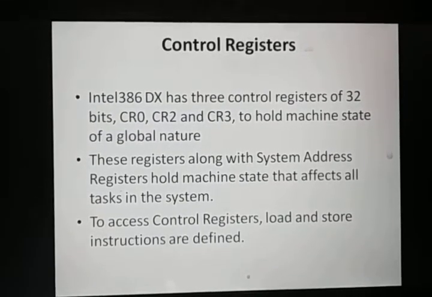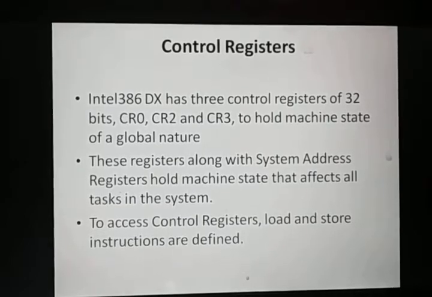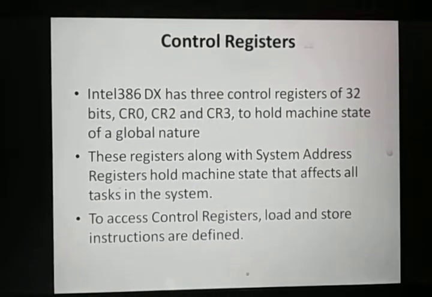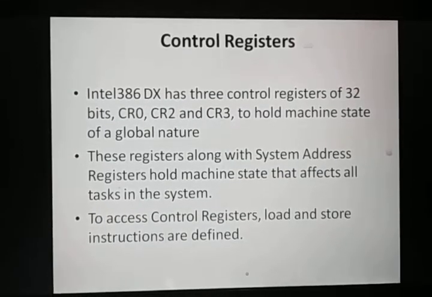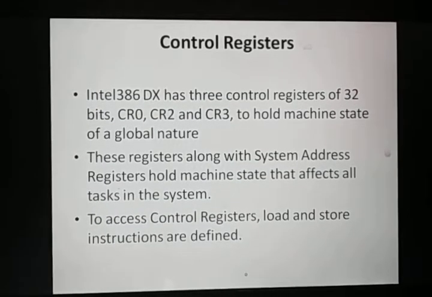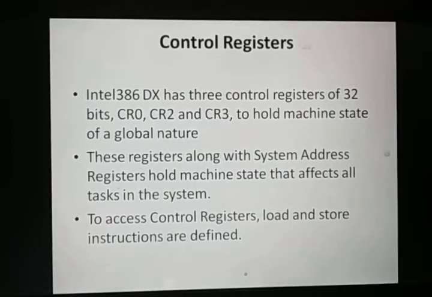Now the Intel 386DX has three 32-bit control registers, CR0, CR2 and CR3, to hold machine status of a global nature. We are not talking about CR1 here because CR1 is not used by the 80386 processor.